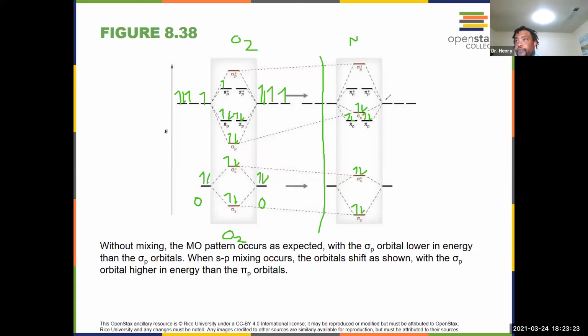Under these circumstances, this guy is going to have 2 electrons that are free to interact with the magnet. So remember, paramagnetic.